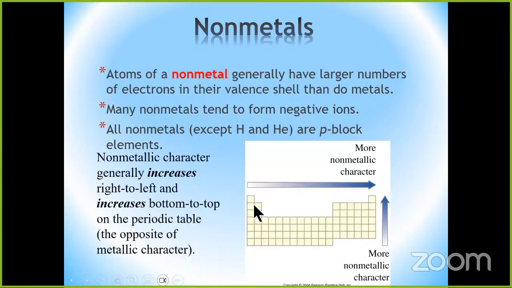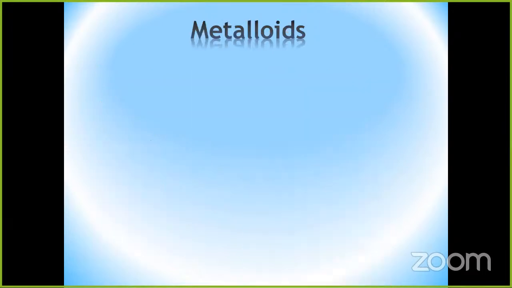The trends for nonmetallic character are opposite to metallic character. In other words, it decreases going from left to right of any period, and it increases as you go from bottom to top of any group.